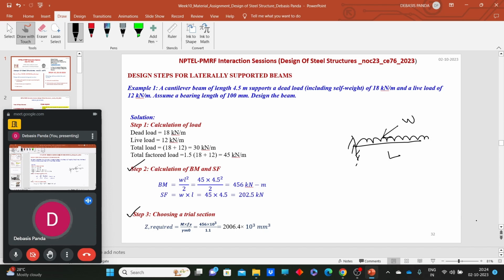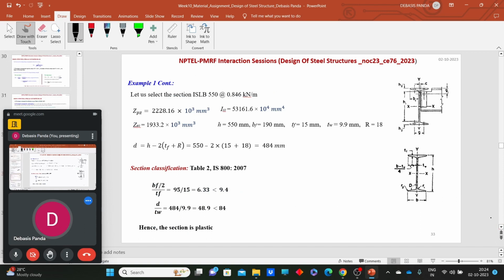Then we selected one section with respect to the required plastic sectional modulus: the ISLB 550 is the suitable section, and for the ISLB 550 we have taken all the values from SP6.